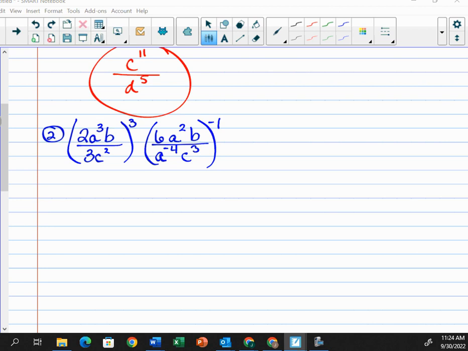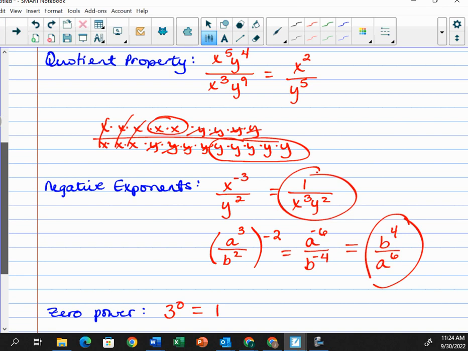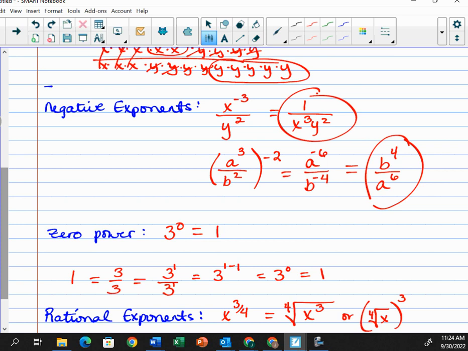What does a negative exponent do? What do we do with a negative exponent?